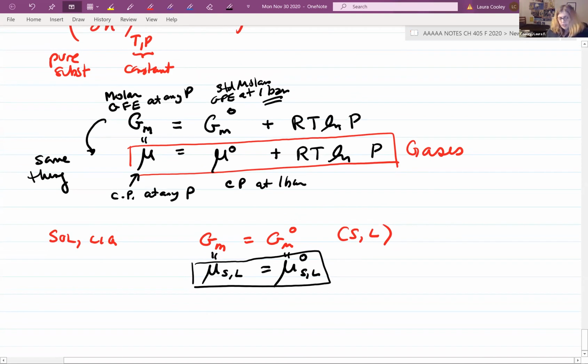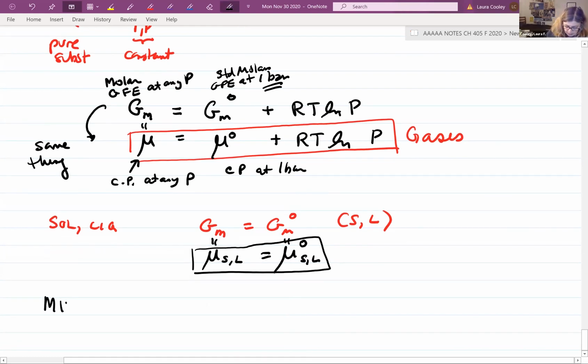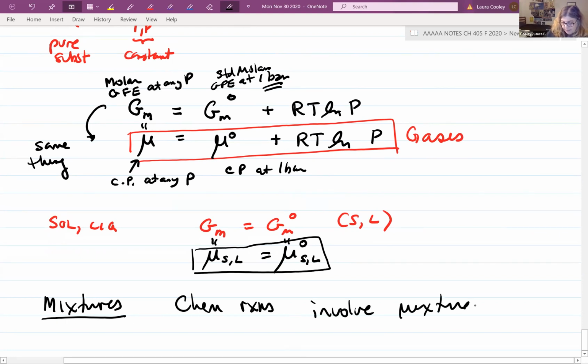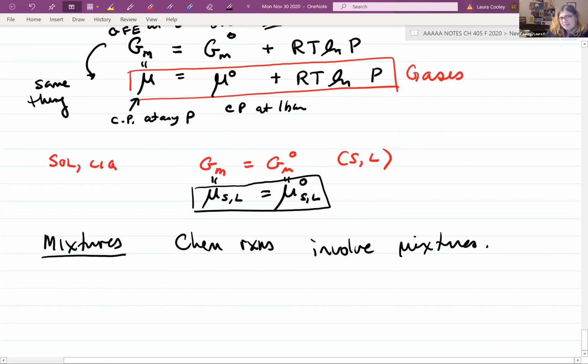All right, so this is all for pure substances, but we really don't want to talk about pure substances, right? Because we want to talk about mixtures. Because chemical reactions involve mixtures. Most of the time. No, they always involve mixtures.